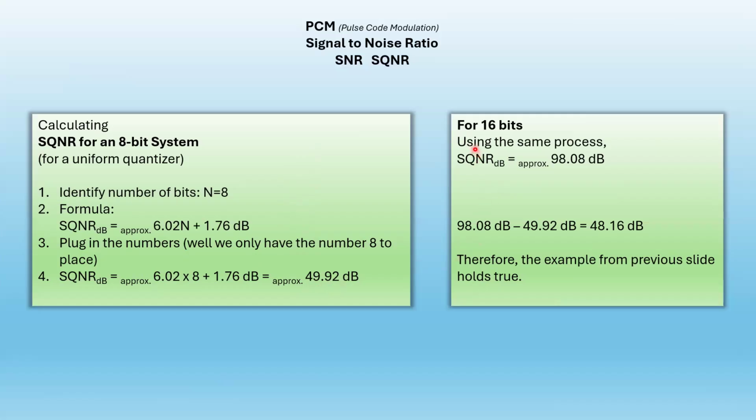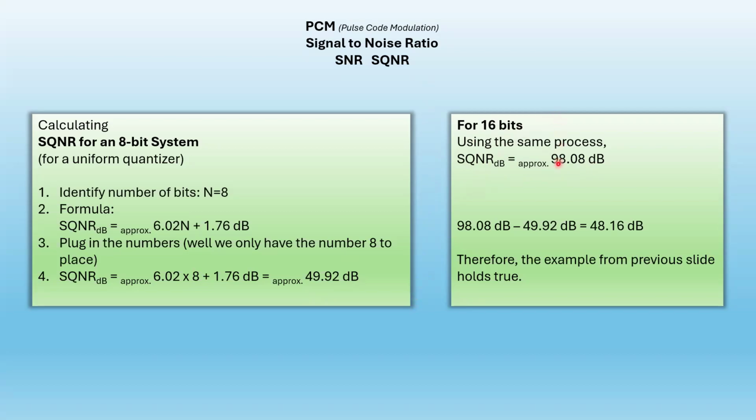Well, for 16 bits, how are we going to have better signal to noise? Of course, we're going to have better signal. How much? Okay. For 16 bits, using the same process, we get the SQNR of 98. So that's even better. The noise level is 98 dBs lower than the full swing of the signal.